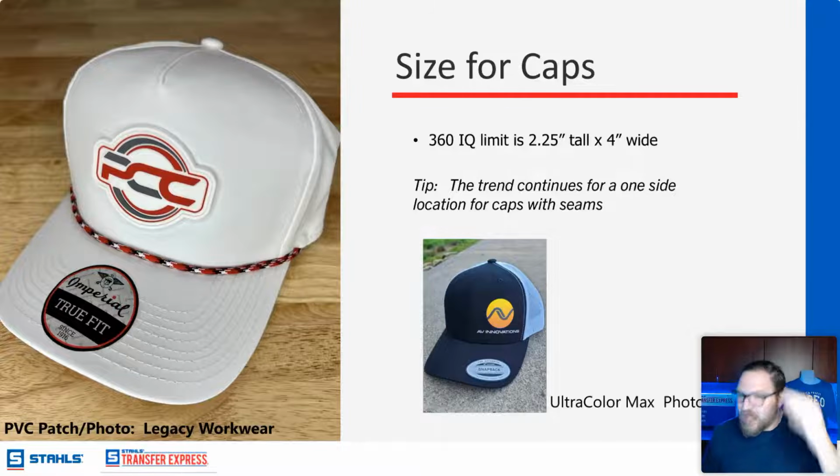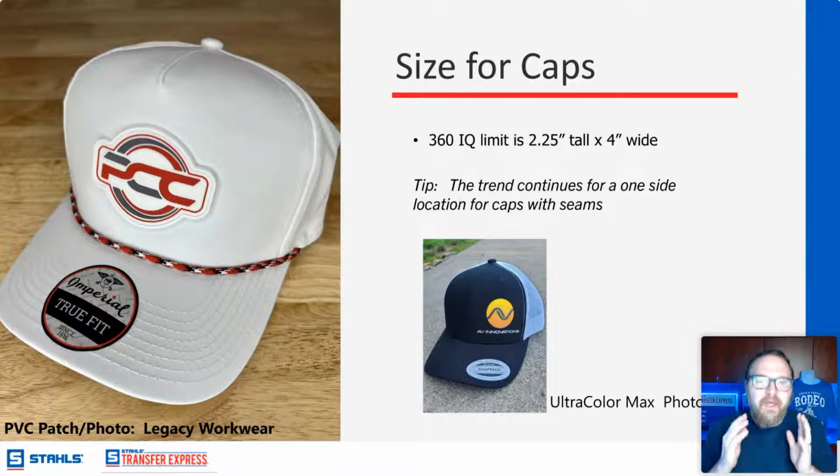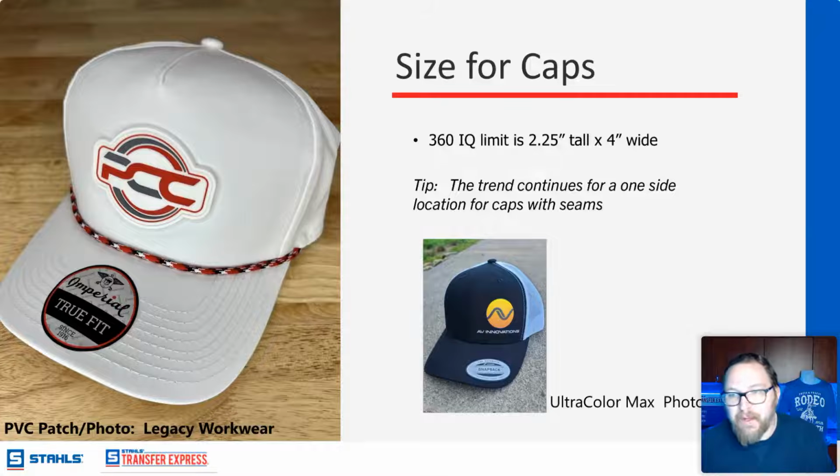So you'll see them on the side, as well as over the snap on the back, or on fitted hats, kind of in that branding location right in the middle back of the cap too. So there's a ton of branding potential, but regardless of what area of the hat you're decorating, you don't want to exceed that 2.25 by 4 inches wide. So I always size by height because that is my first limiting factor right there.